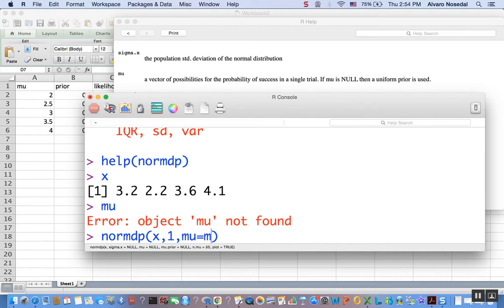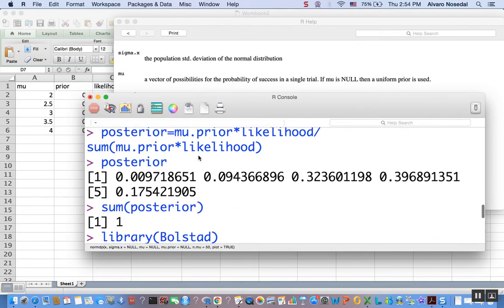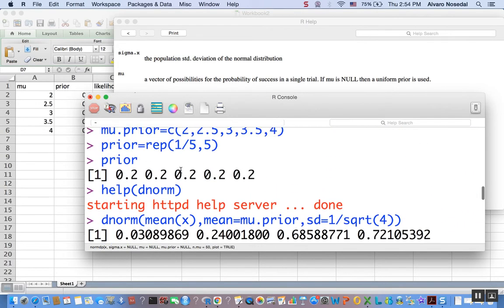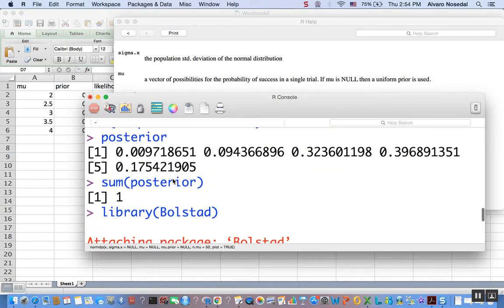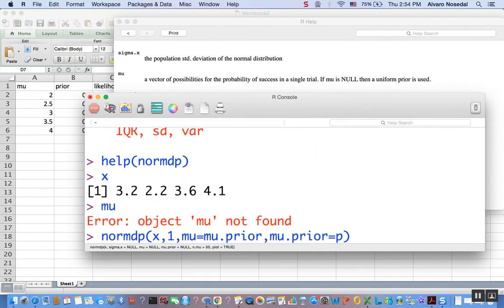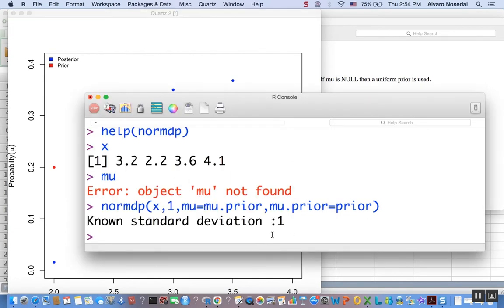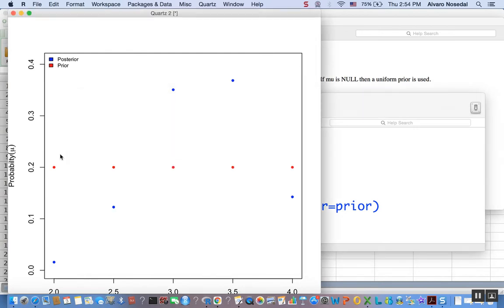Mu equals mu prior, and then for prior we have this one, which contains those values, 0.2, 0.2. Let's see. Okay, so here we have a graph, right?